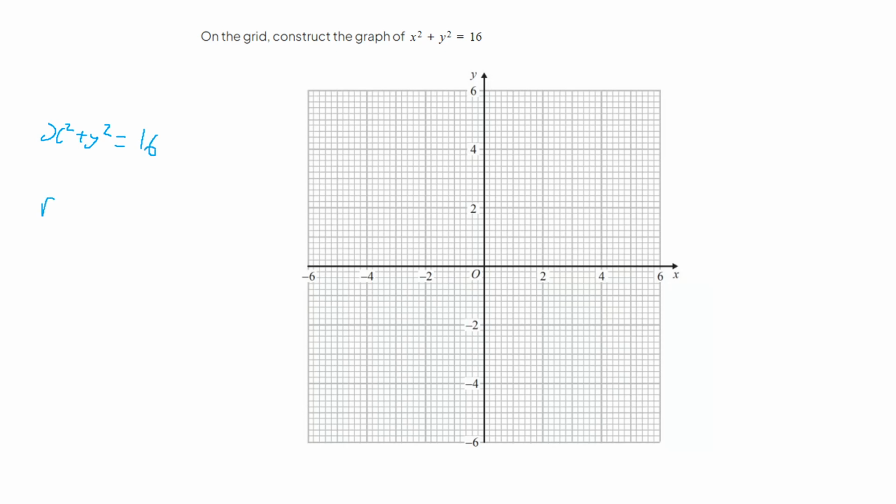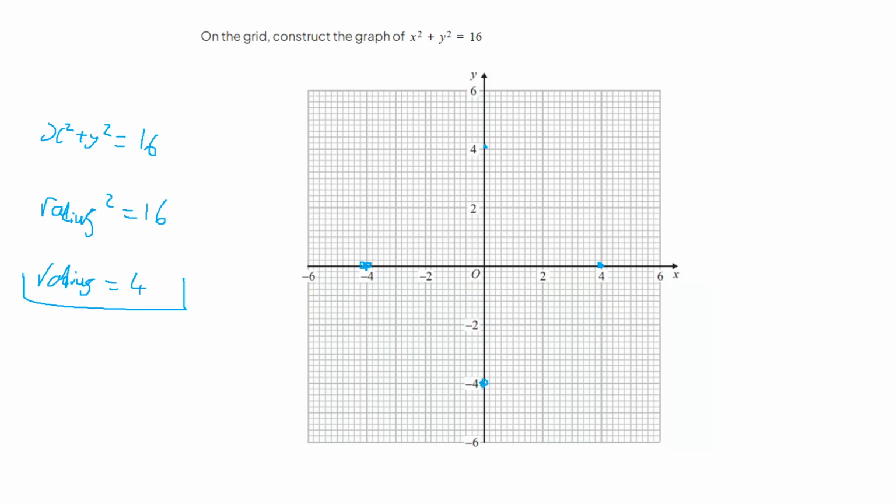So therefore the radius squared is going to be equal to 16, and the radius is going to be equal to 4. Yeah? And so what we can do is, because we know that the center's at the origin, we can mark everywhere where there's 4. We got a 4 here, we got a 4 here, we got a 4 here, and we got a 4 here.